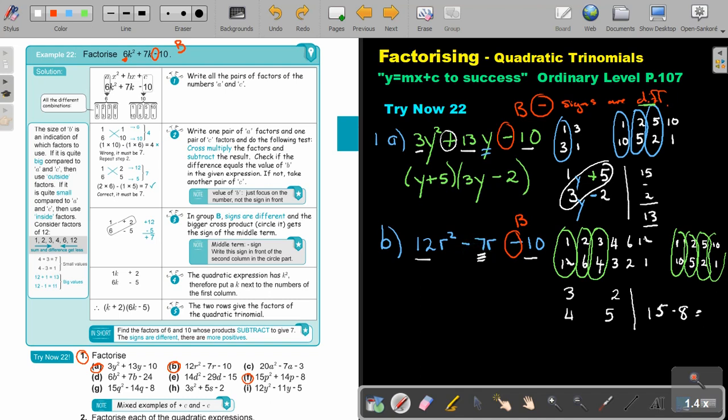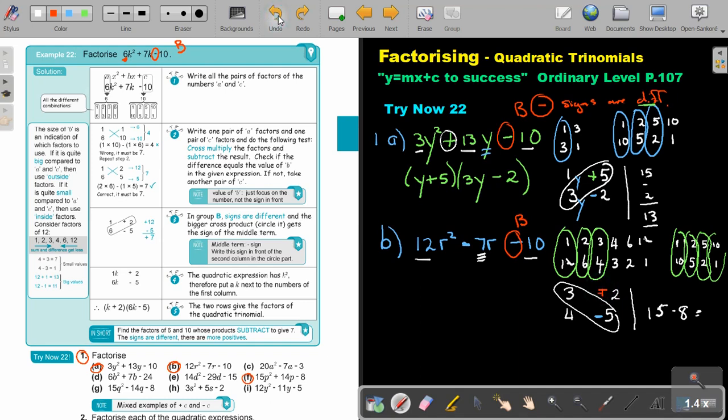Okay. So in this case, if I'm going to just look at the signs, what are the signs? The signs are going to be different. So if I make a circle around the biggest cross product, which is this one, and that sign there, I'm going to write here. And if this one is negative, then this one will be positive.